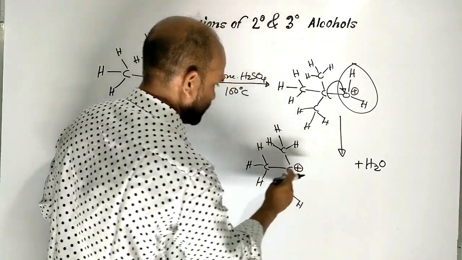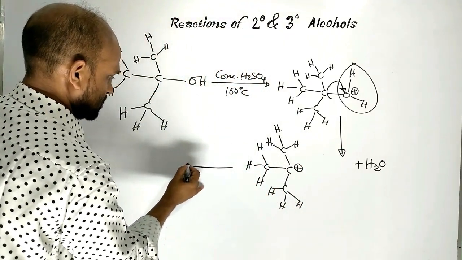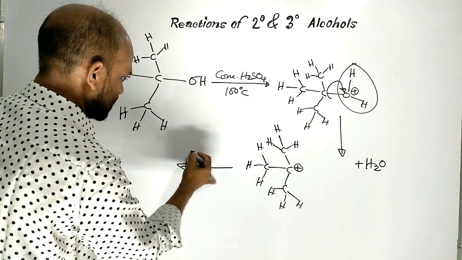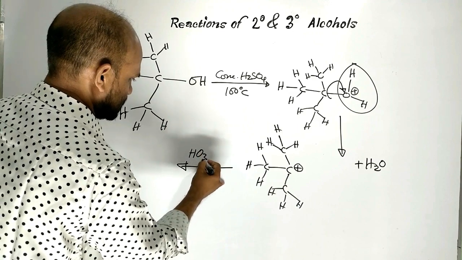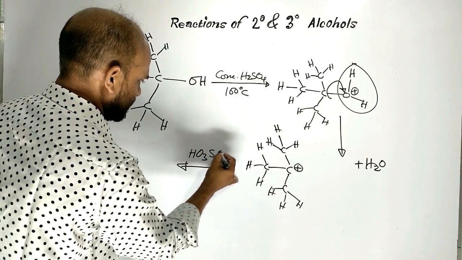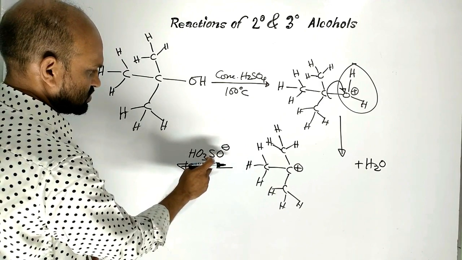This carbon becomes positive in charge. Now bisulfate ion, oxygen 3, sulfur, oxygen, bisulfate ion.